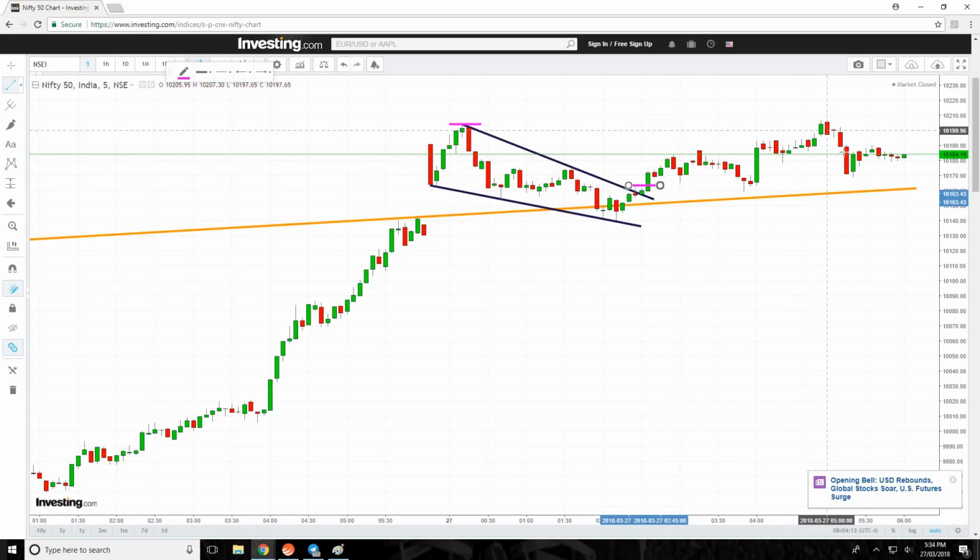Now we are still not seeing any signs to sell our position, so we can still be holding it. If you're a positional player, you can hold it till tomorrow. If not, even for intraday, if you get 30, 40, 50 points, that's fantastic for intraday.